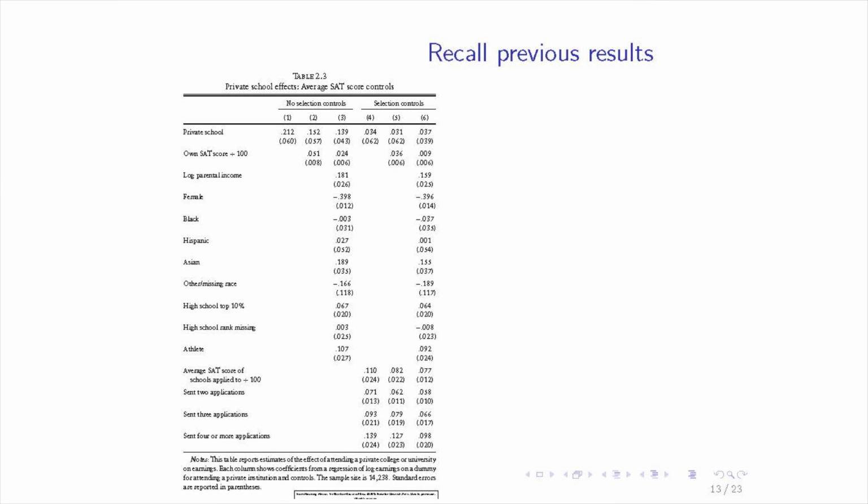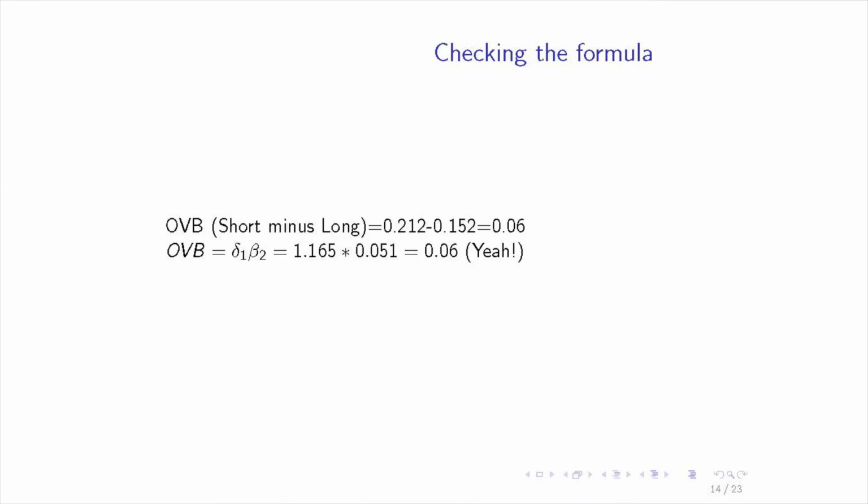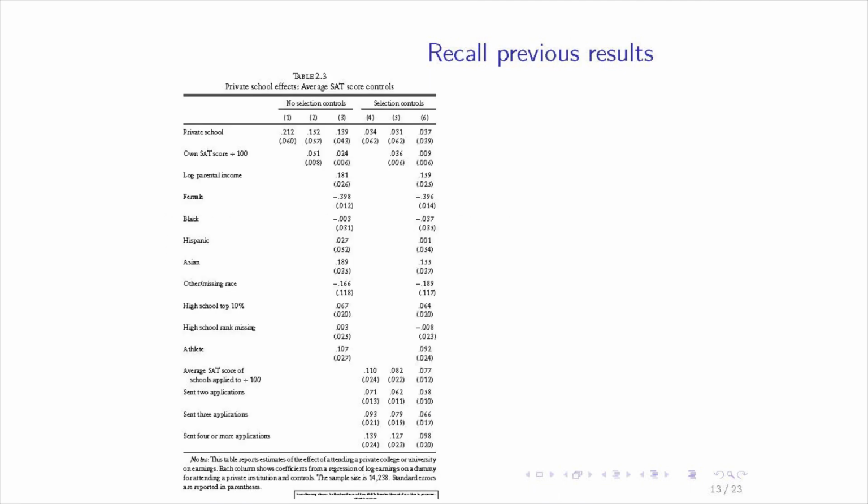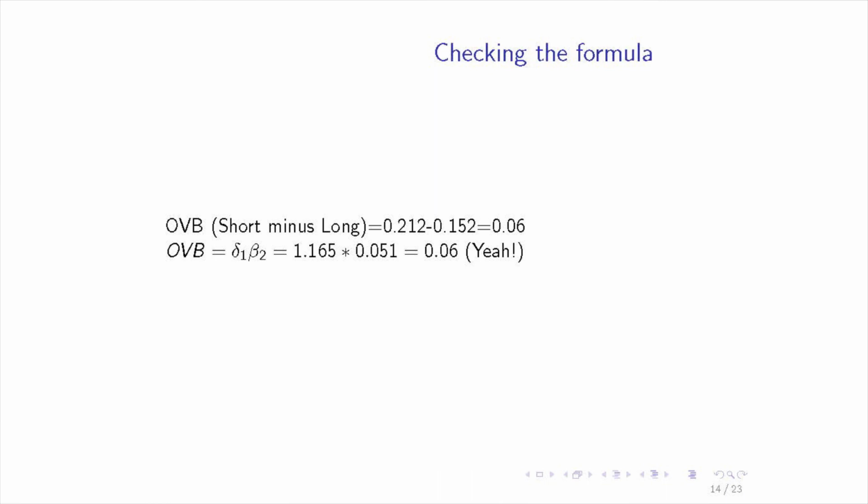So what we're hoping is that the difference between the two is equal to delta 1, which is 1.165 times the coefficient of the SAT in the regression, and then miraculously it's actually correct. So you can see the anatomy of the omitted variable bias in this regression.